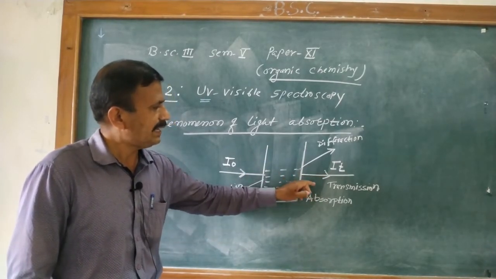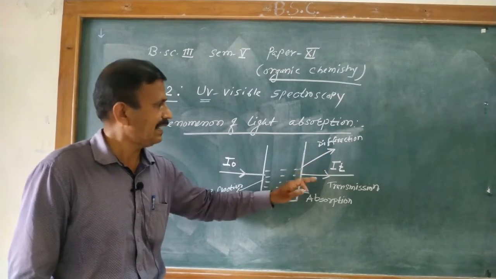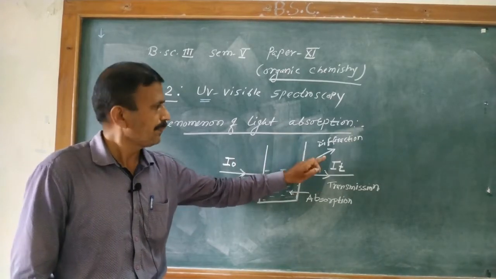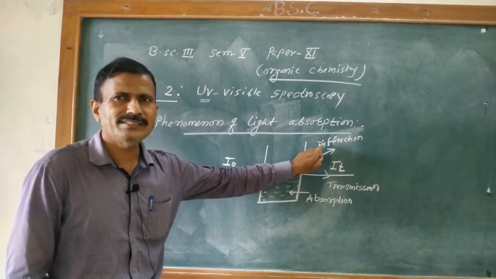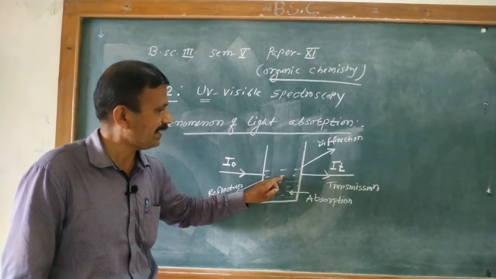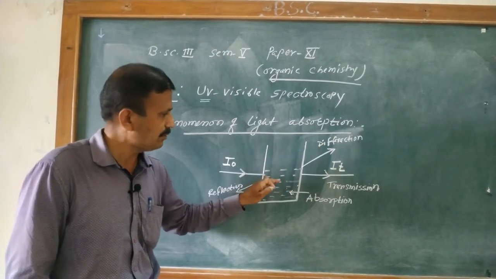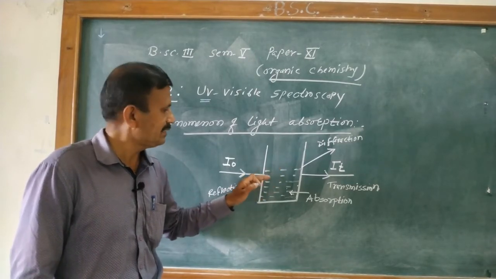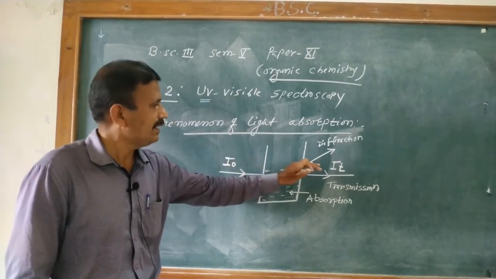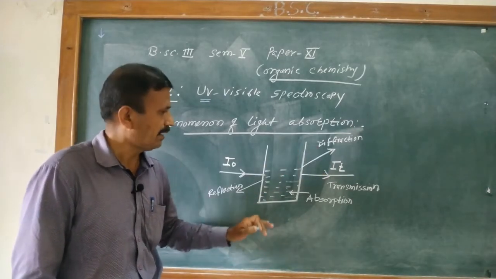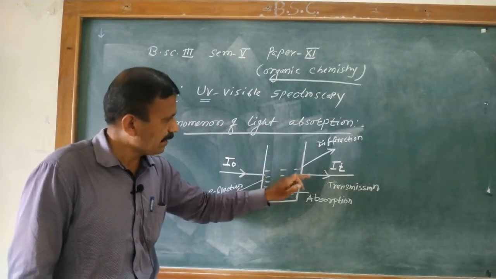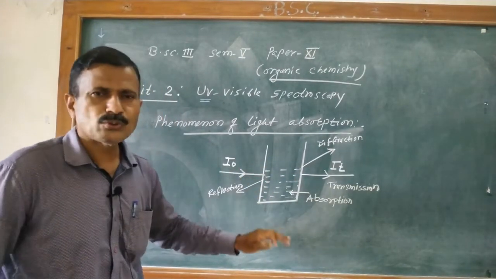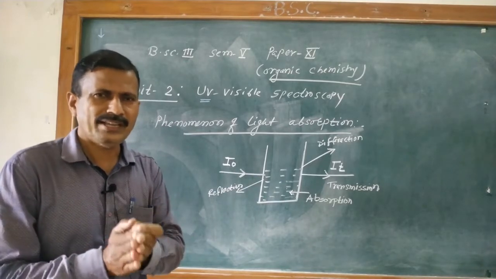Now when the intensity is changed to some extent and the wavelength of incident radiation is changed, the phenomenon is called diffraction. In diffraction, atoms or molecules inside the solution may deviate light from its original path. So when UV visible light is incident on matter, many kinds of phenomena may take place.